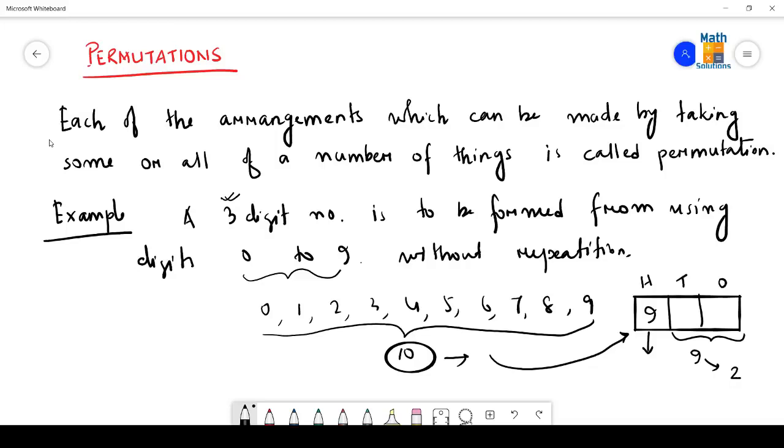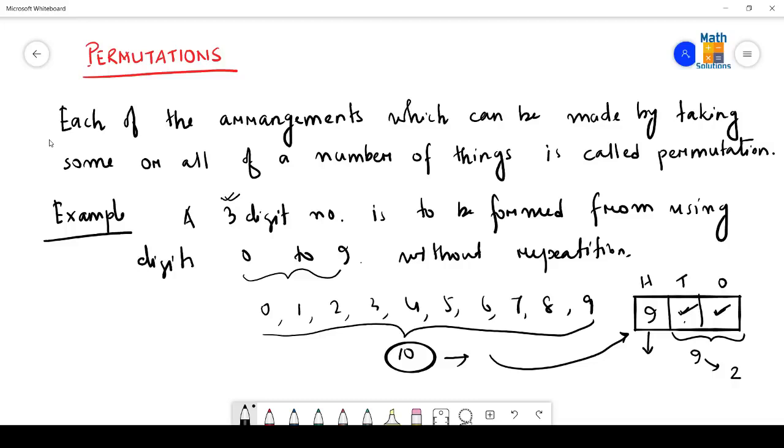Any one of these 9 options I can use for the tens place, and then from the remaining 8 options I can use any one for the ones place.